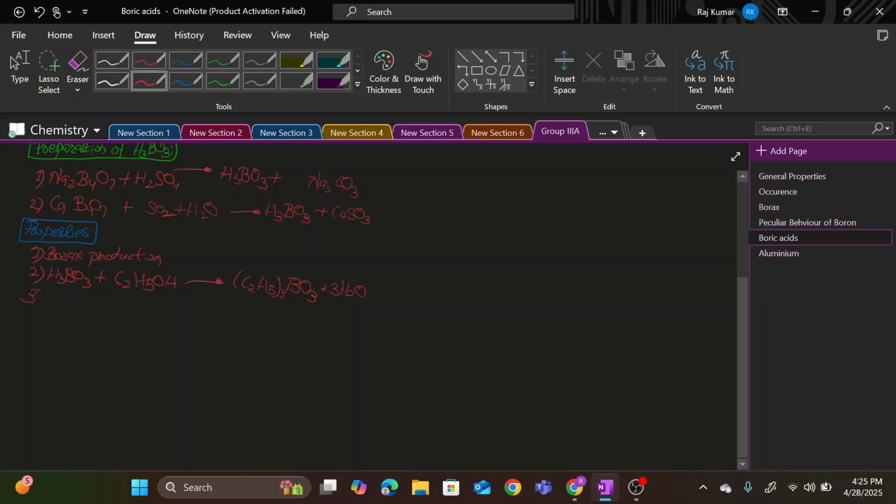And the third thing is that it is a weak acid, and that ionizes to form protons plus BO3 ions.